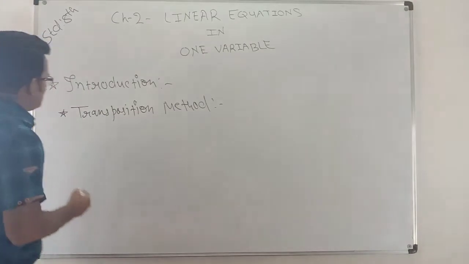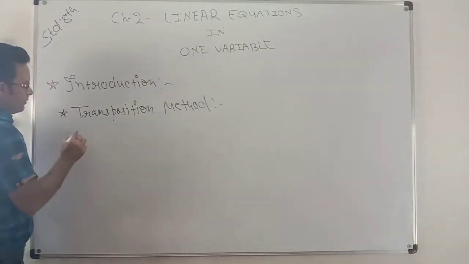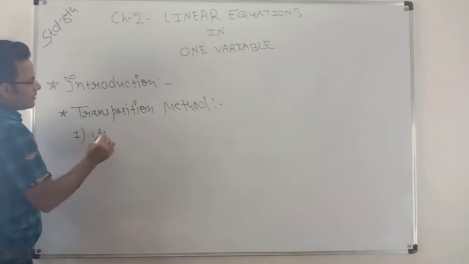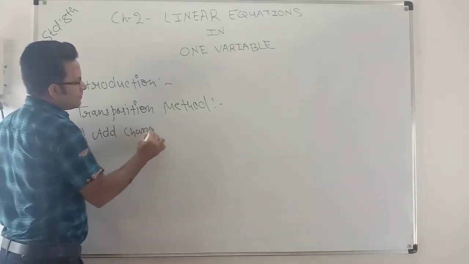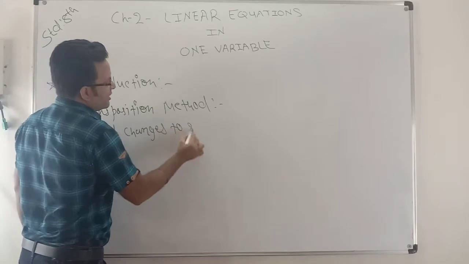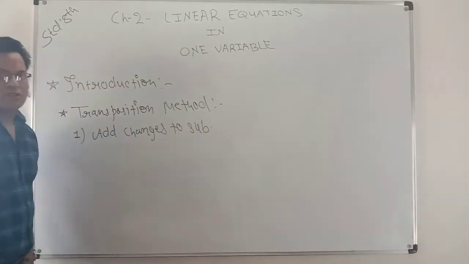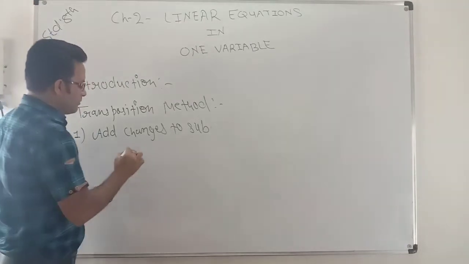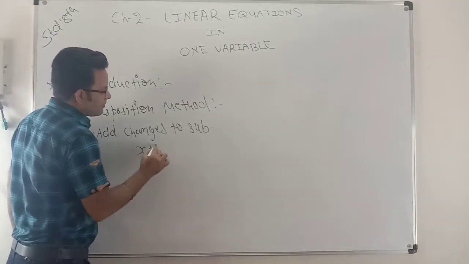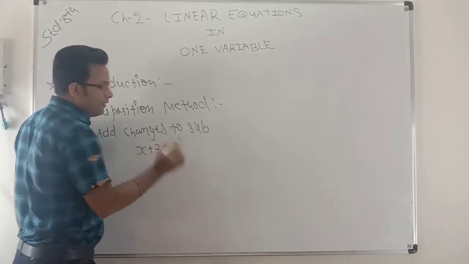First of all, the first one: addition changes to subtraction. Okay, addition changes to subtraction. Suppose x plus 3 is equal to 5.